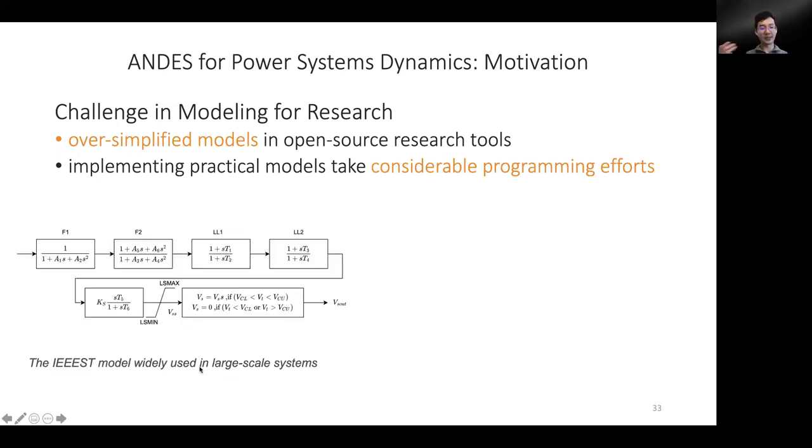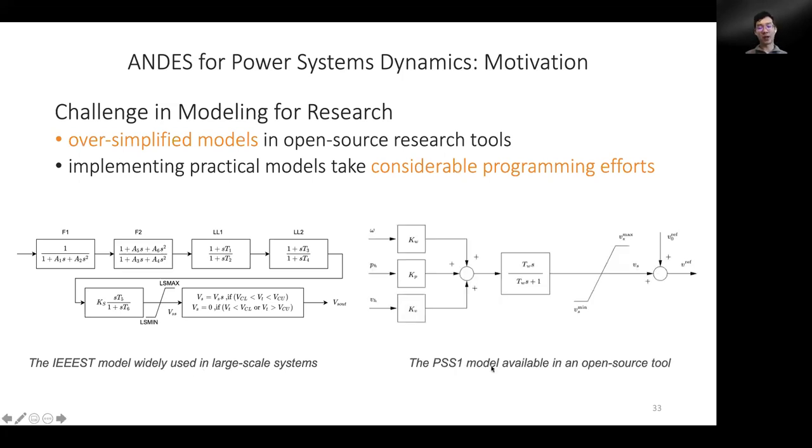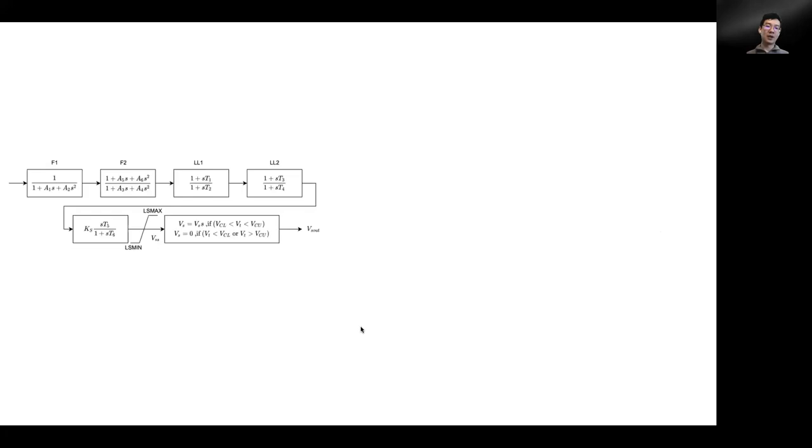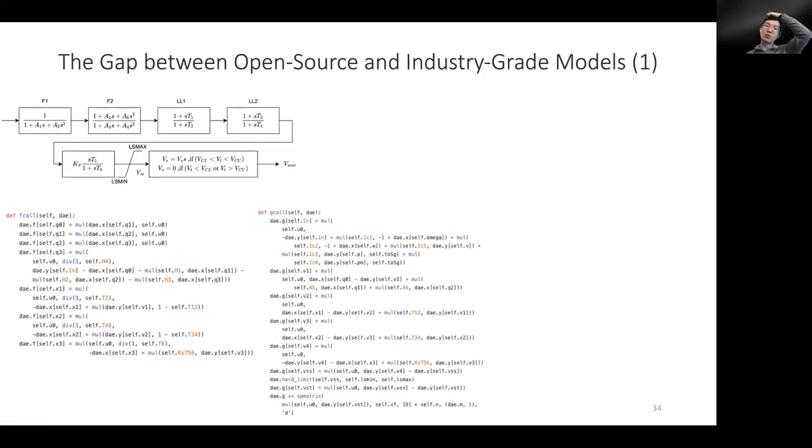Here's an example. This is an IEEE model widely used in large-scale systems, and on the right is a stabilizer model available in an open source tool. As we can tell, those initial phase compensations get ignored. Only this washout is kept. And I try to implement this full model using that open source framework. First, I need to program the differential and the algebraic equations.